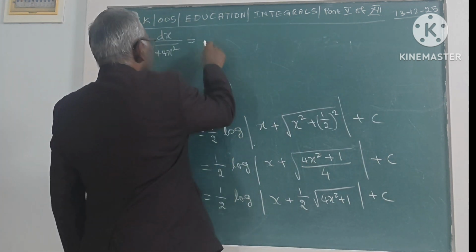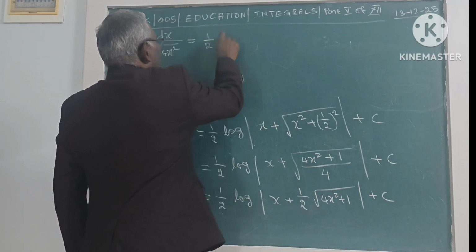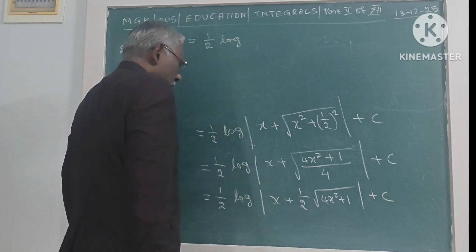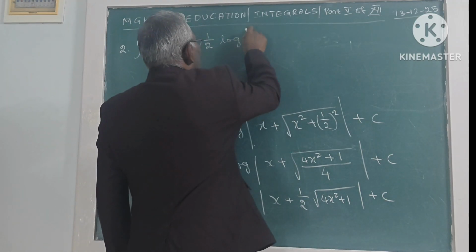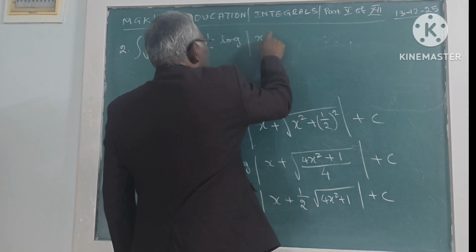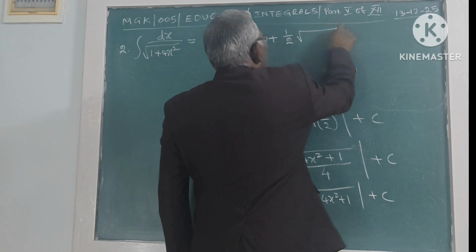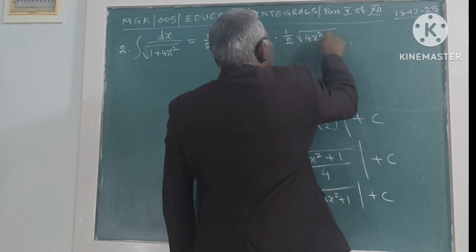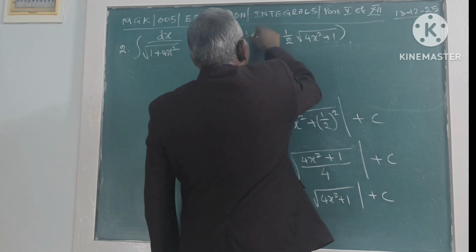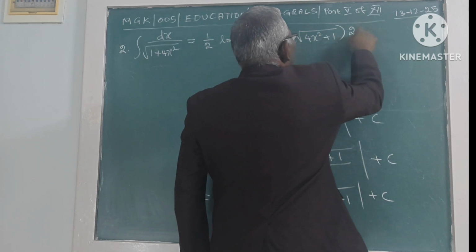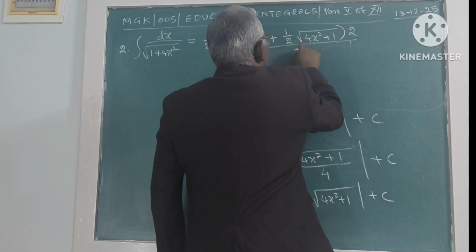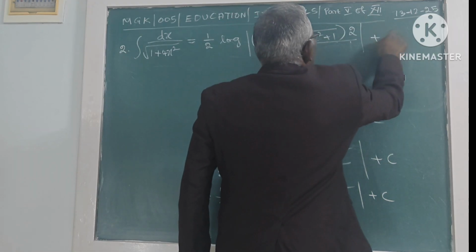This is one half times log of x plus half times square root of 4x square plus 1 into 2 divided by 2 plus constant.